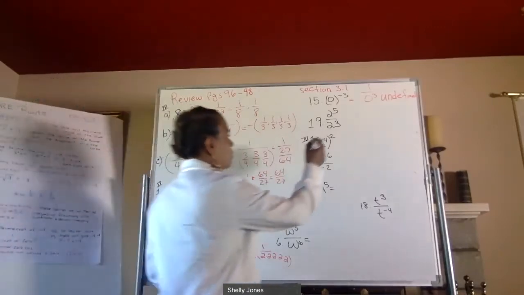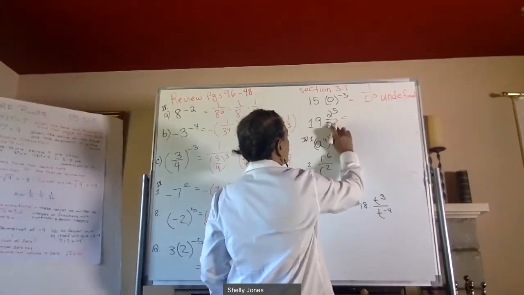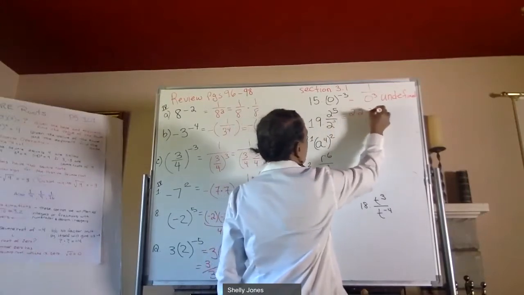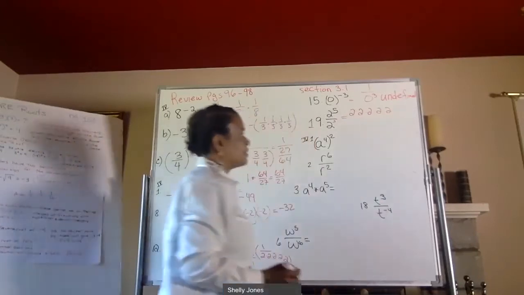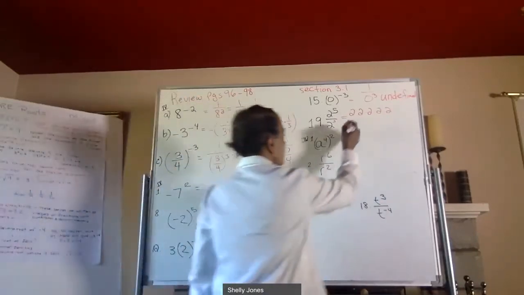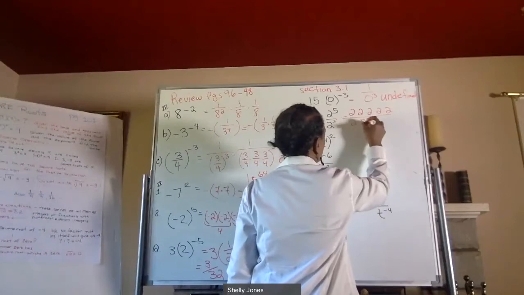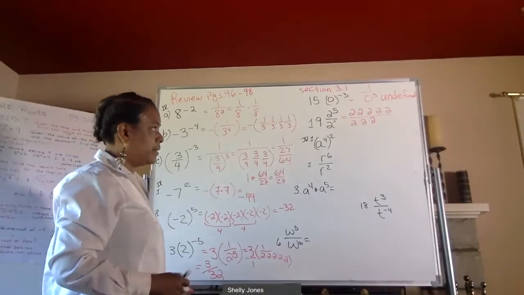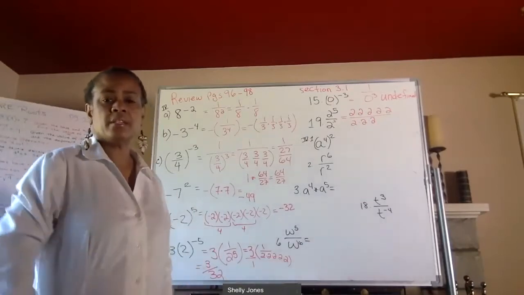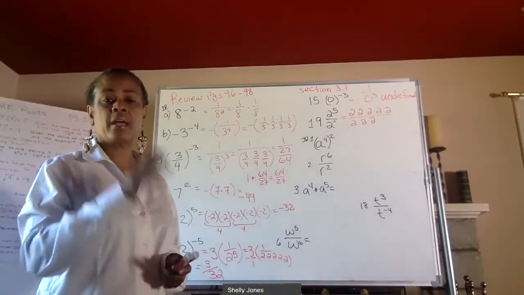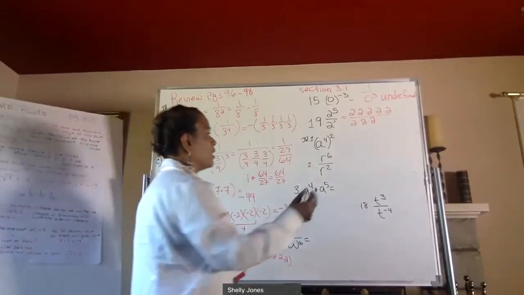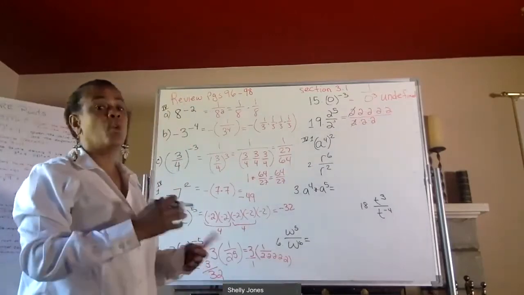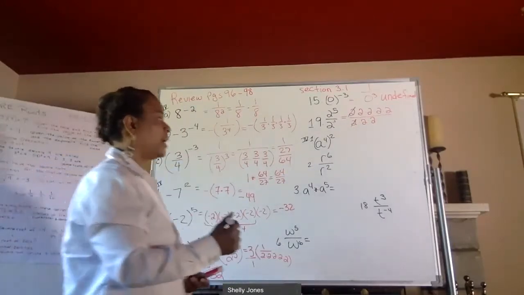2 to the 5th over 2 to the 3rd. I want to make sure you know that that's a power there. So I need 5 factors of 2, and then I need 3 factors of 2. Because I expanded this, I can see that I have some factors that I can cancel out. If I write 2 over 2, 2 divided by 2, well, that's 1, and 1 times anything is itself, so I can cancel that out.